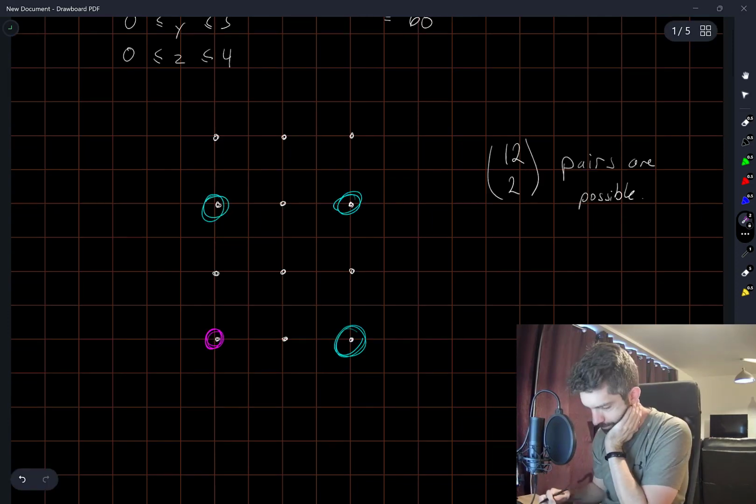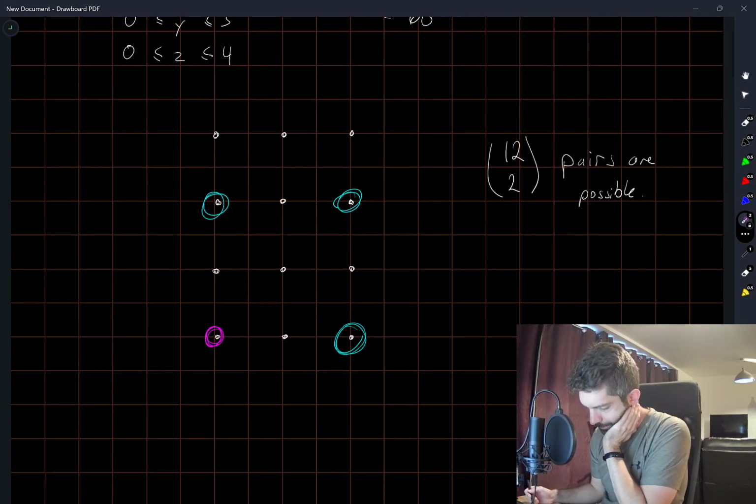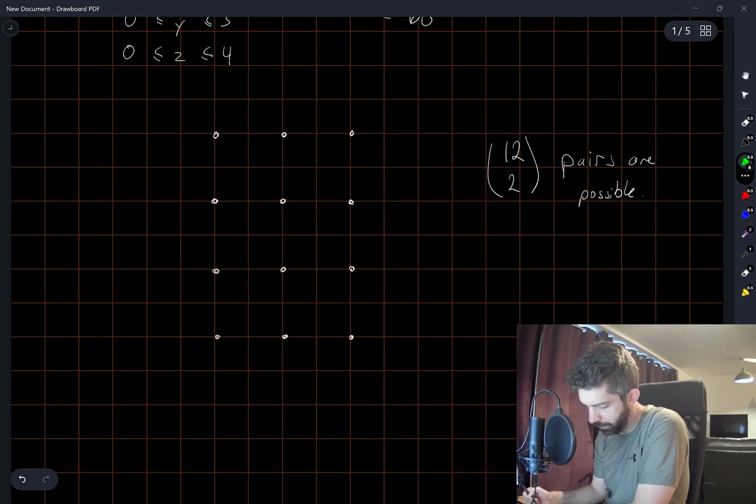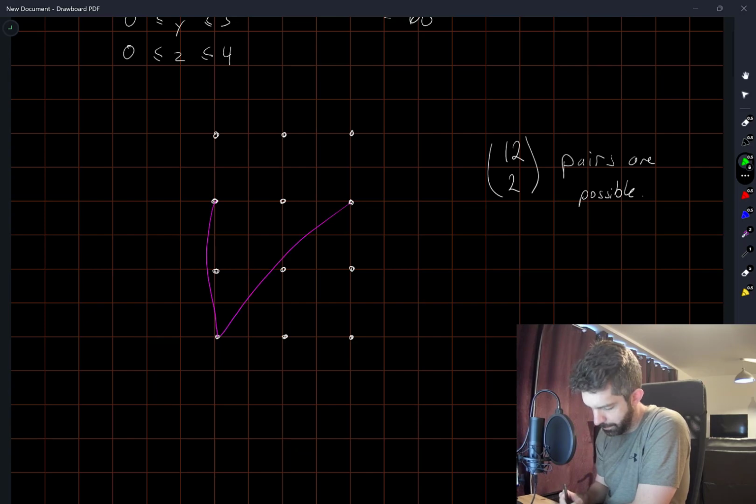And in fact, we can count all of the possible line segments that would work, right? So I can draw all the possible line segments that work for this. 1, 2, 3, 4, 5, 6.